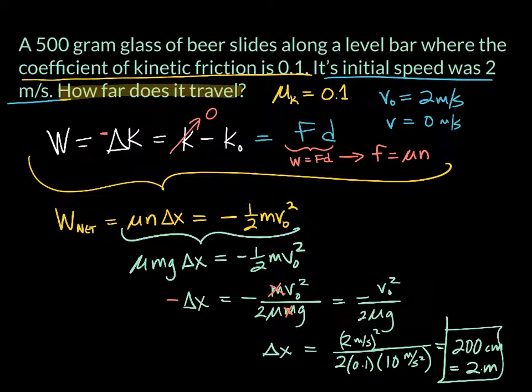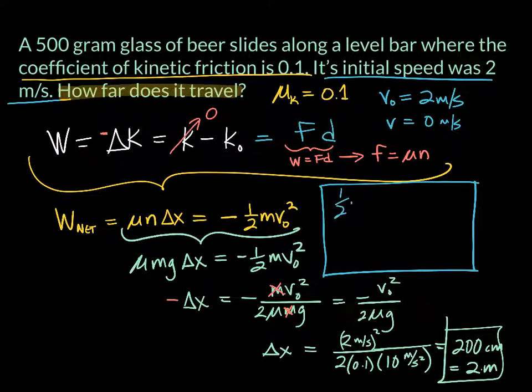So one way to rethink this, we'll just put it in its own little box here. If you say, all right, it had kinetic energy, that means it had 1/2 mv squared. And then friction made v go to 0.